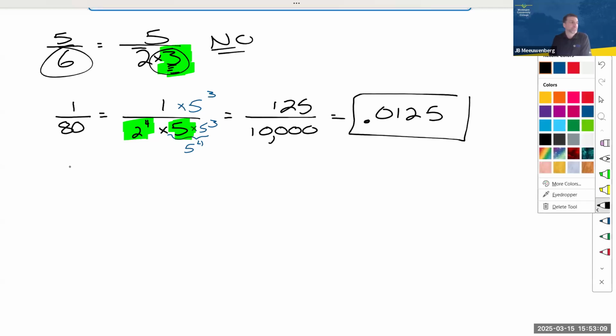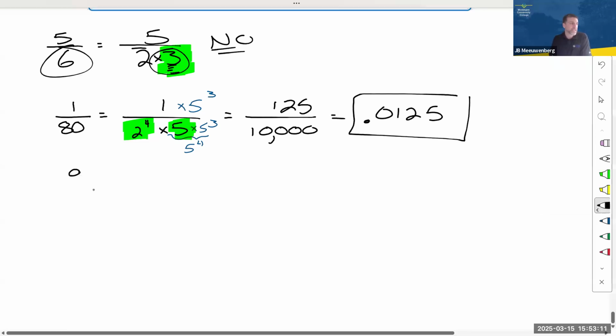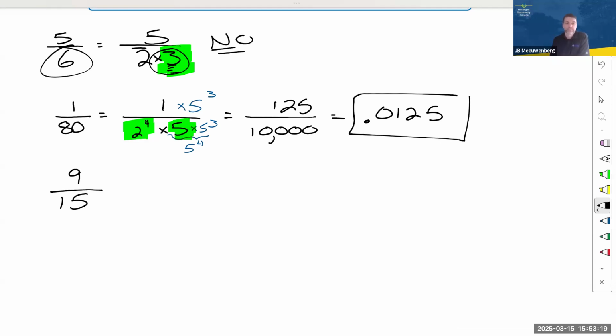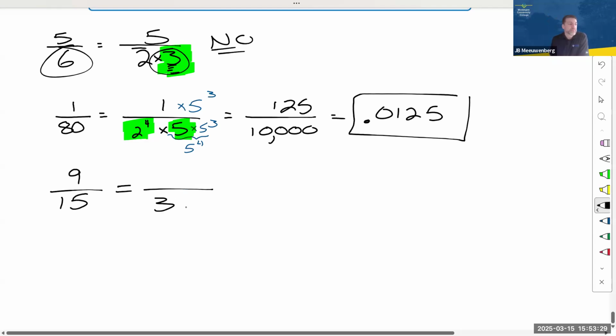So here's one more. We haven't seen one quite like this yet. 9 over 15. Play around with this for a moment and see if you can figure out, can it be written as a terminating decimal? Now you might have started this problem by doing the prime factorizations. Said 15 is equal to 3 times 5.